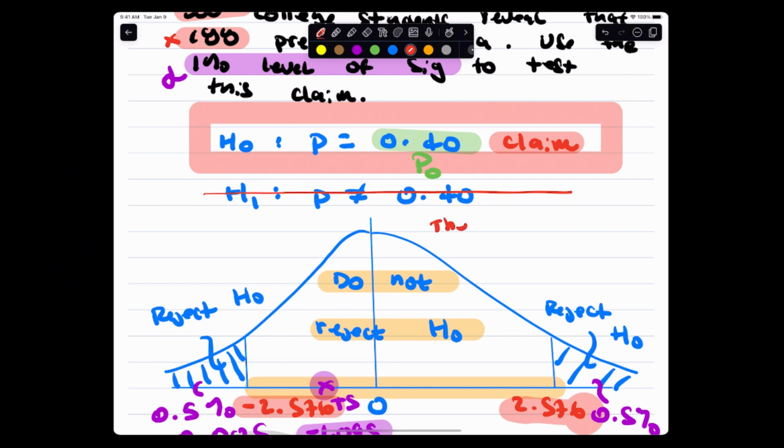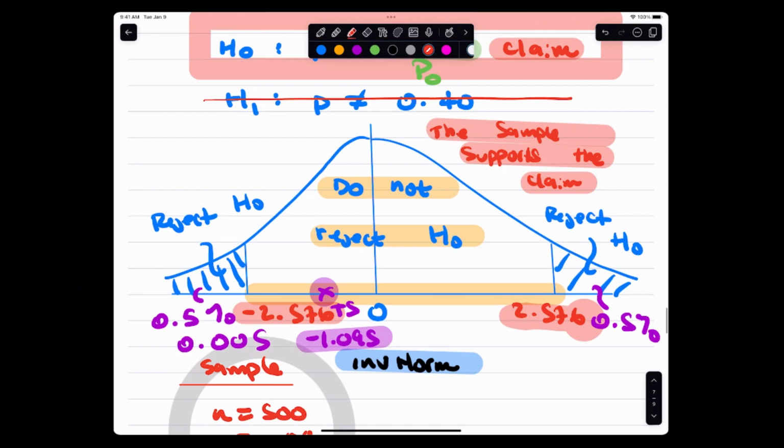The sample supports the claim. So the sample does support the claim. Easy peasy lemon squeezy, ladies and gentlemen.